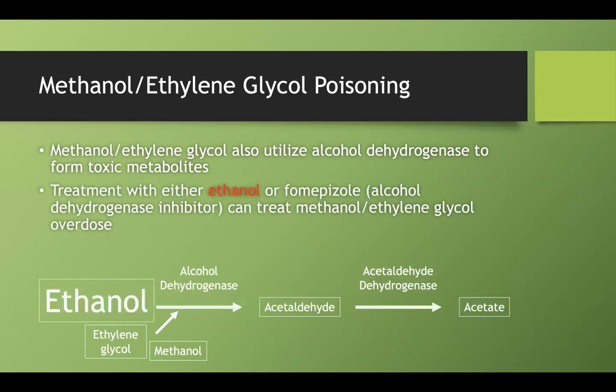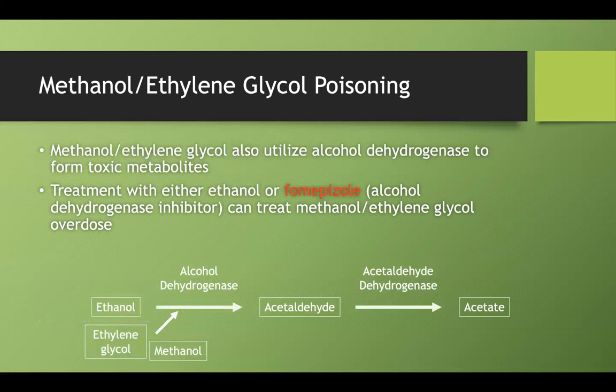This is a little bit frowned upon, but what that'll do is force the alcohol dehydrogenase to use all of its resources to convert ethanol to acetaldehyde. And in that process, methanol and ethylene glycol would be unable to use that same enzyme to form the toxic metabolite. What's more common, and you're probably going to see this on tests, is they'll want you to pick fomepizole, which is an alcohol dehydrogenase inhibitor. And in this way, you're going to keep it in the non-toxic form.